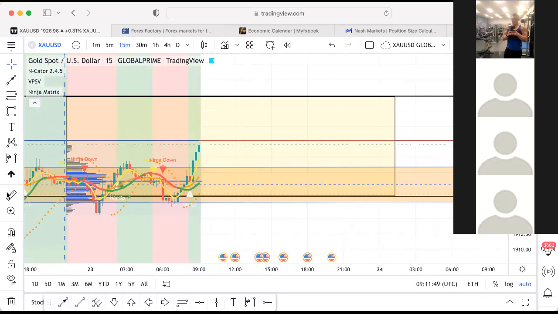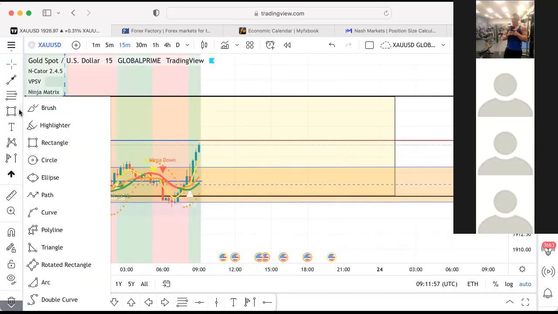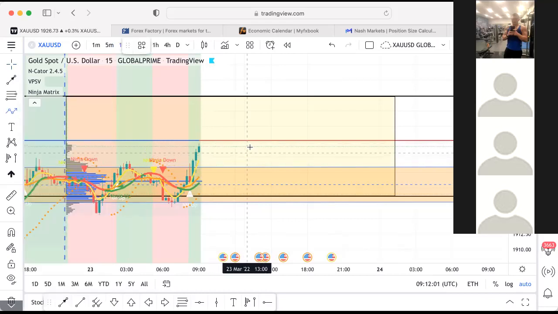Let's see if we can do this. I'm looking for a pathway. Okay, so let's say the price from where it is now goes up to the red line.